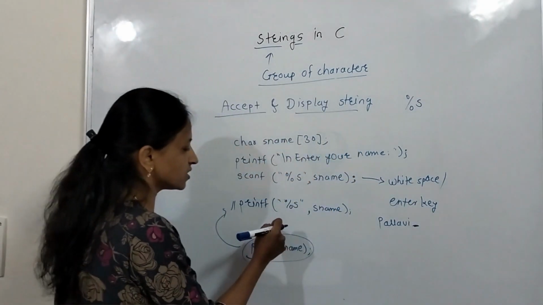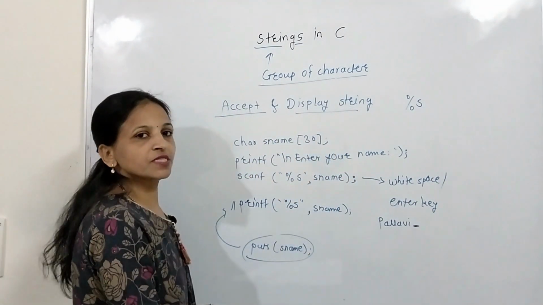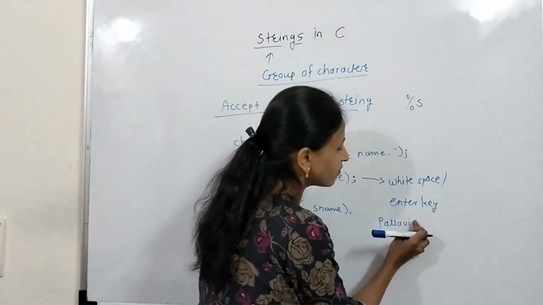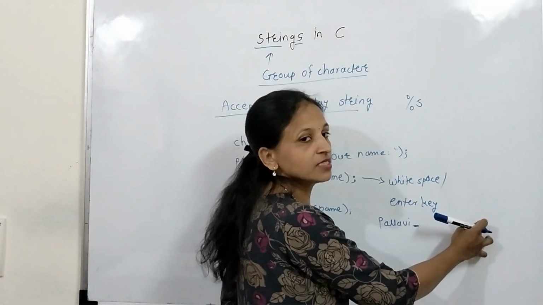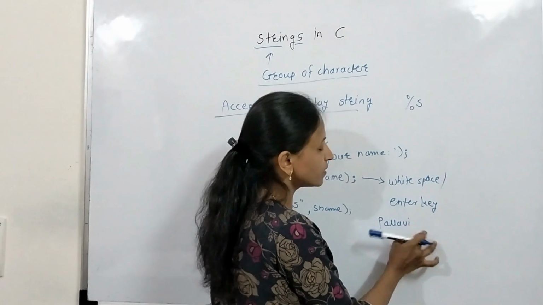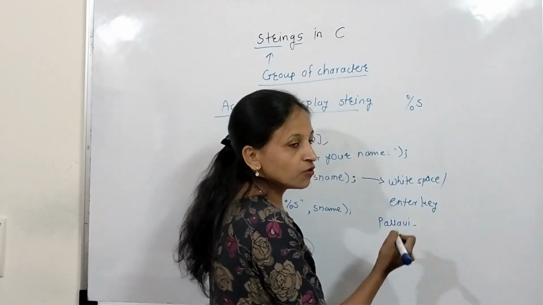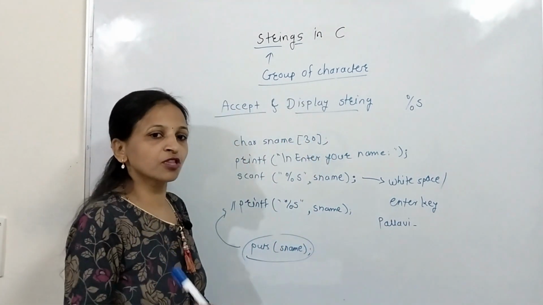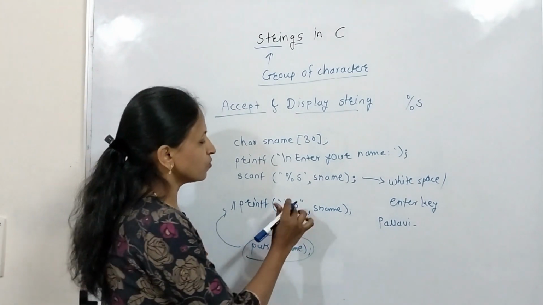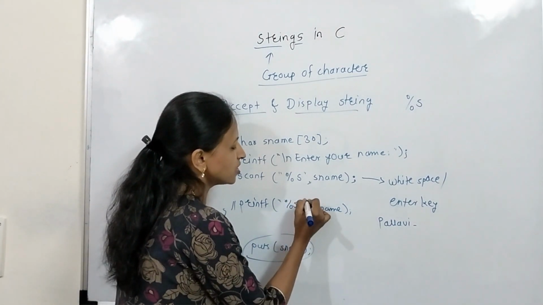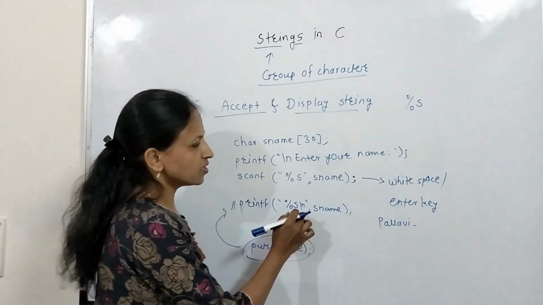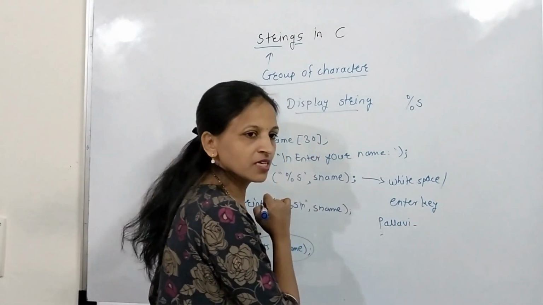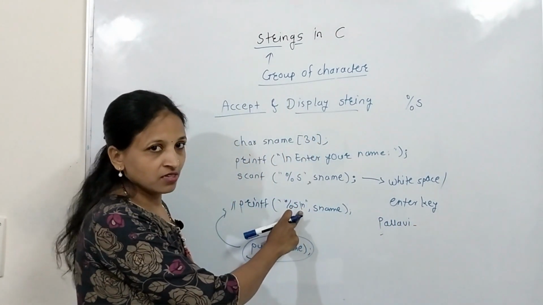This means after this, if you have written any printf statement, it will display whatever message there on the same line. If you want to shift the cursor to the new line, you have to explicitly put \n. Here you can put \n and then s name, so the cursor automatically gets shifted to the new line because of this \n.